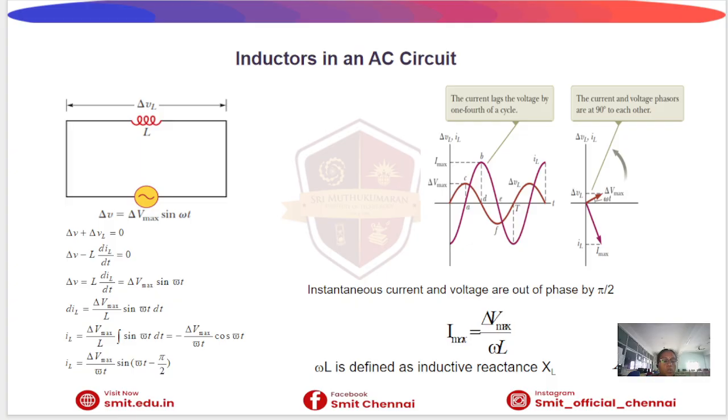According to the voltage across the inductor, ΔVL is equal to L into dIL divided by dt. Substituting these values, ΔV equals L into dIL divided by dt, which equals ΔV max sin ωt.